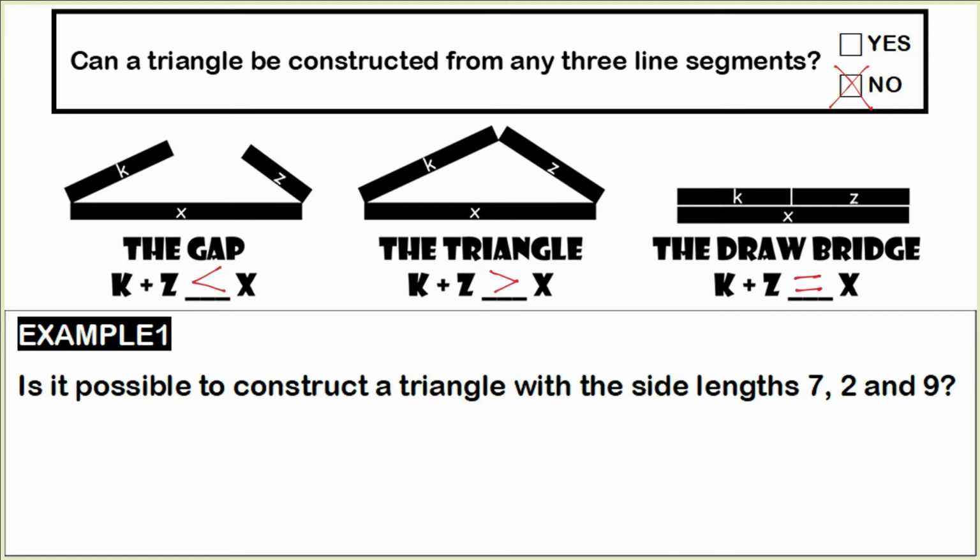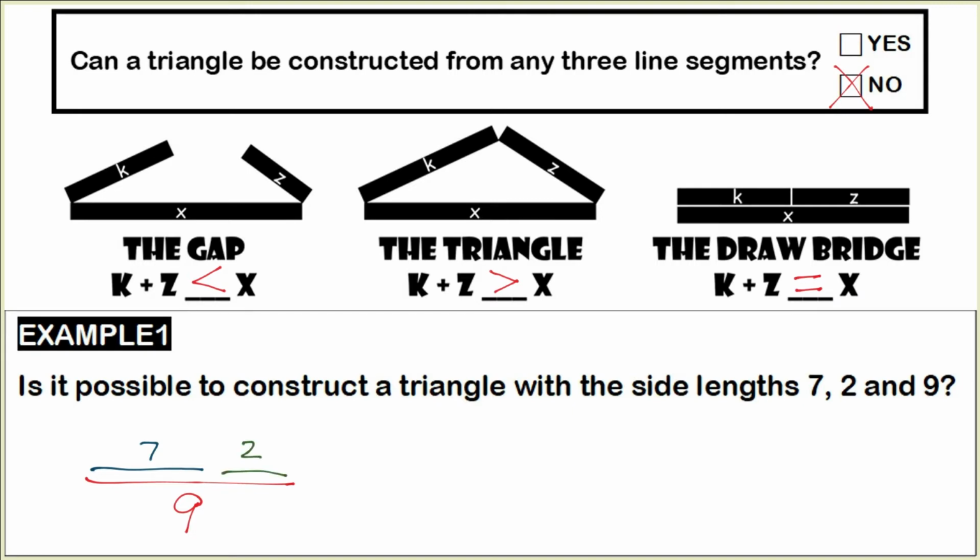So now in example number 1, is it possible to construct a triangle with side lengths 7 and 2 and 9? Well, our longest line segment is 9. And then we have a side that's 7, and we have a side that's 2.